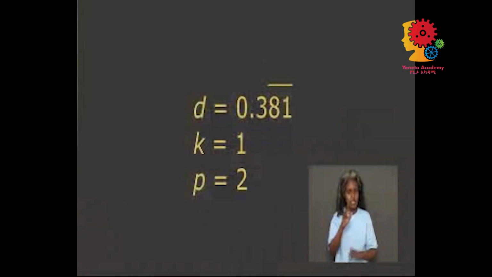Let us look at the answer together. D equals 0.381. K equals 1, which is the number of non-repeating digits, and P equals 2, which is the number of repeating digits.